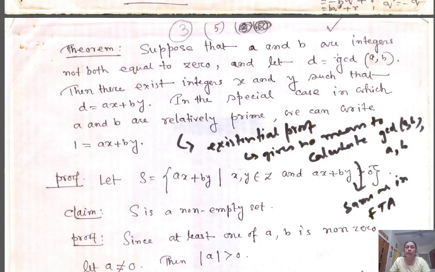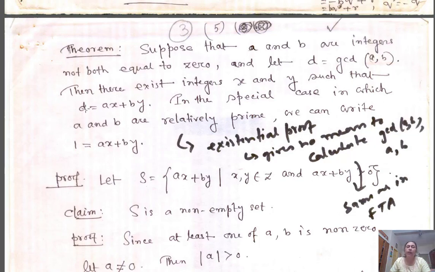A special case is when a and b are co-prime. In that case d is 1, and 1 equals ax plus by. The proof that we are going to discuss is an existential proof. It is not a constructive proof. It is just an existence proof. It does not give a way to calculate d or x or y.